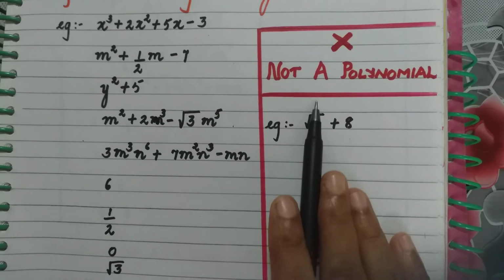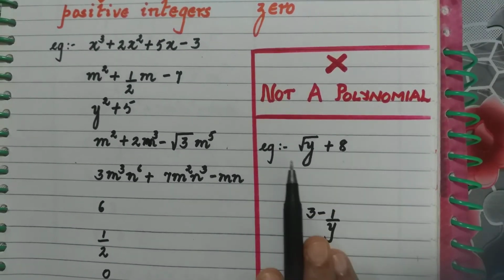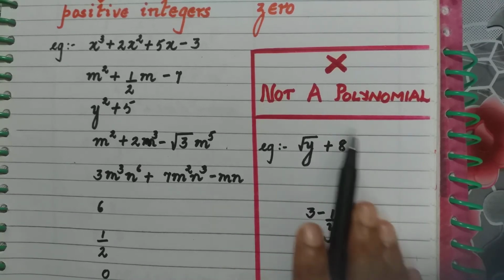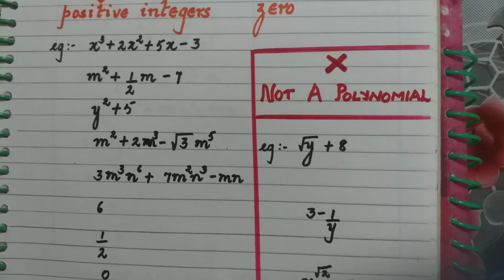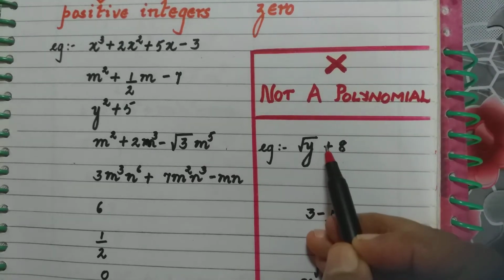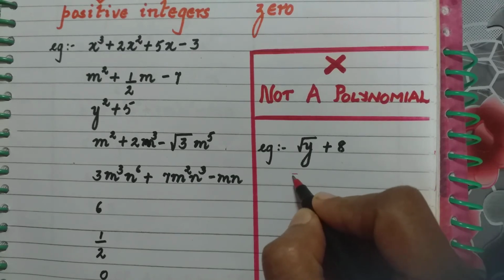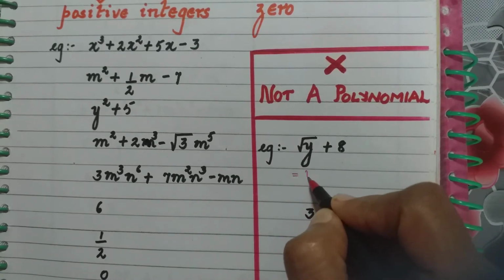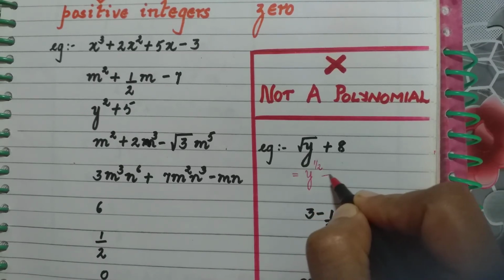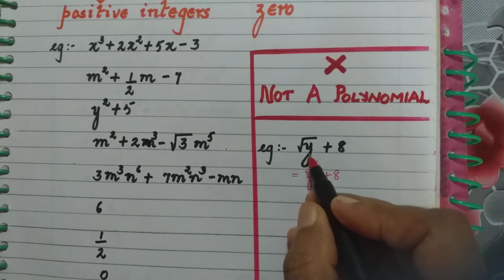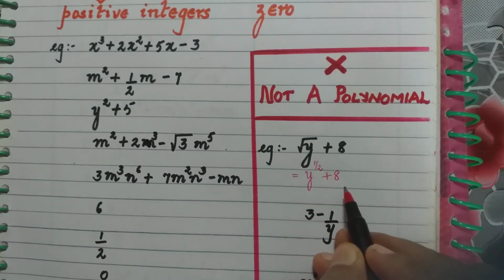Then let us see what are the examples of not a polynomial. Now see here, we have root y plus 8. When we say root y plus 8, what is the power of y here? It is y raised to half plus 8.